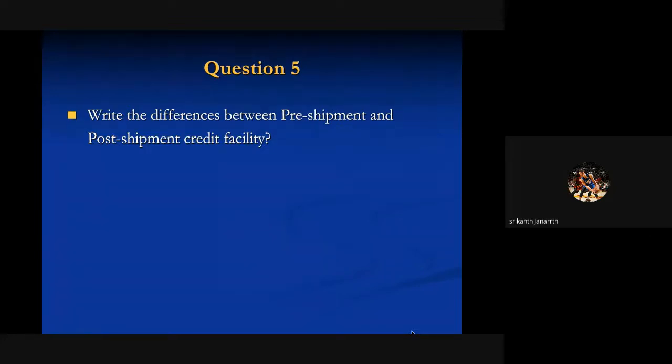When it comes to risks, when there are two risks, you can say pre-shipment is relatively high risk with high cost.